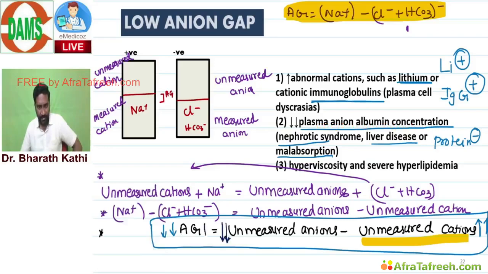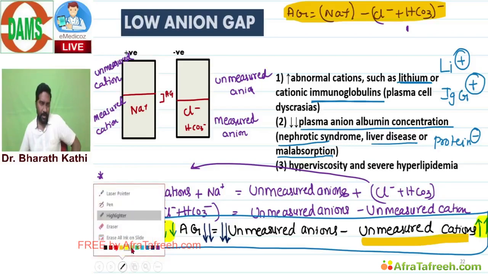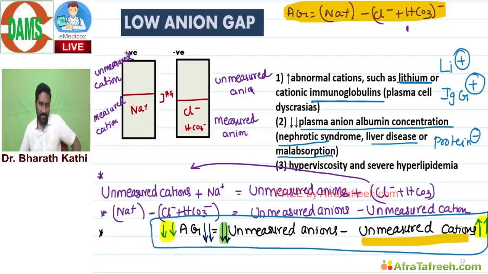Whenever unmeasured anions decrease, anion gap also decreases. This is also a cause of low anion gap. See here students, anion gap can decrease either due to increased unmeasured cations, or as a result of decreased unmeasured anions.